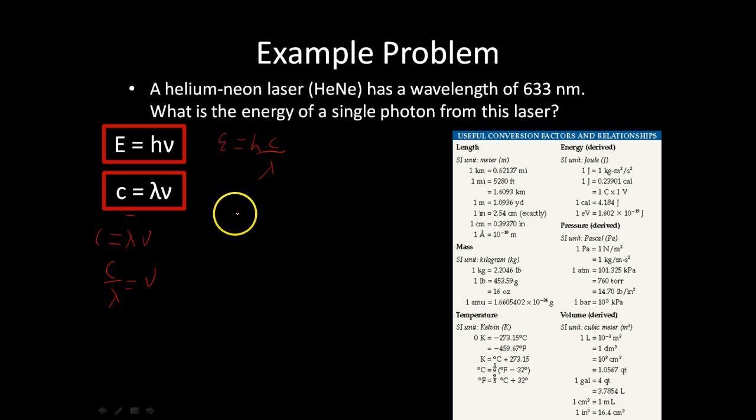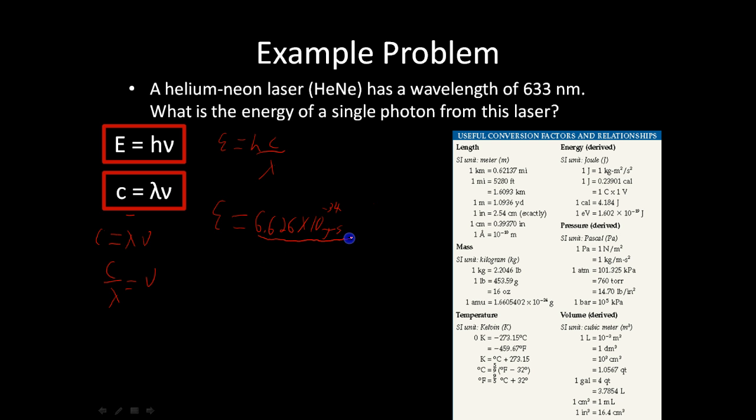So the energy is equal to Planck's constant, which is actually not on this sheet. This is actually a conversion sheet, but it's 6.626 times 10 to the negative 34, and that would be joules times seconds.